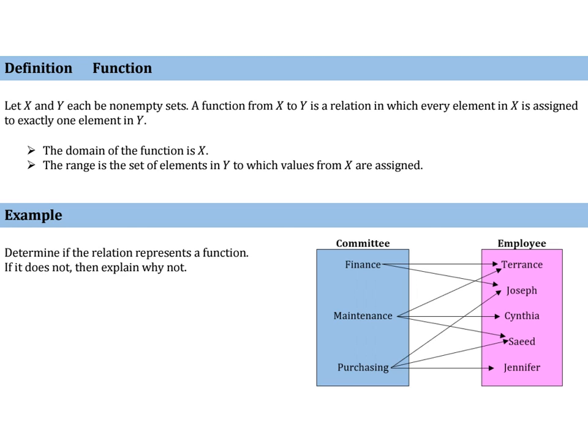So does this represent a function? Now, for it to be a function, every single element in the domain must be assigned to an element in the range. And moreover, it can only be assigned to exactly one element in the range. So if you look at finance, finance is assigned to 2 elements. So we automatically know this is not a function.